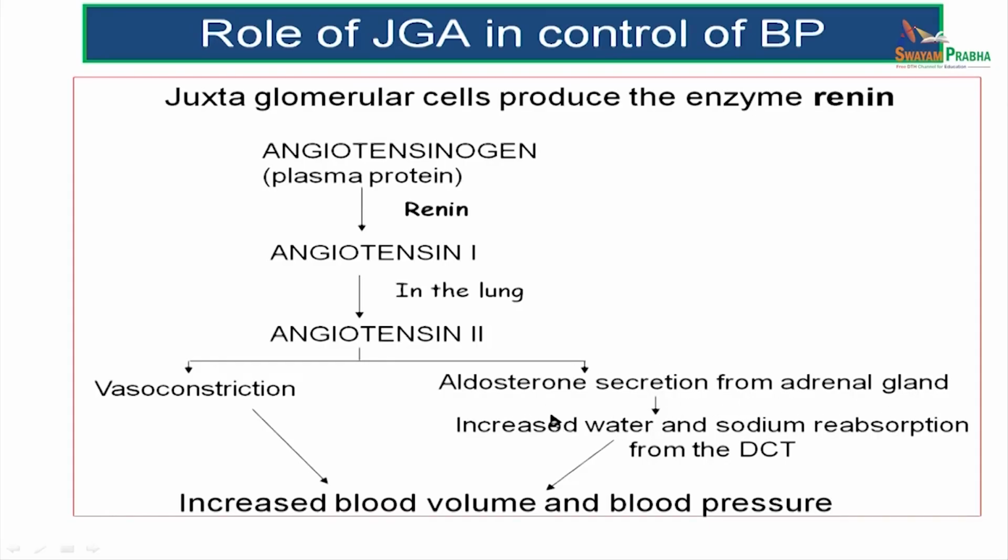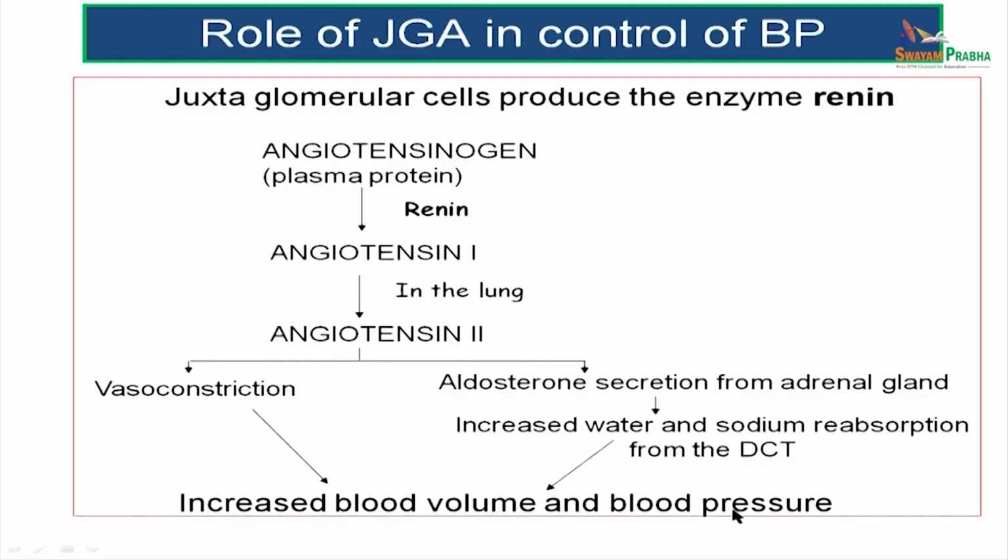As you all know, aldosterone causes increased water and sodium reabsorption from the distal convoluted tubule. Again, this in turn increases the blood volume and blood pressure. So, whenever the blood pressure falls, the juxtaglomerular apparatus goes into action, and that results in an increase in blood volume and blood pressure.